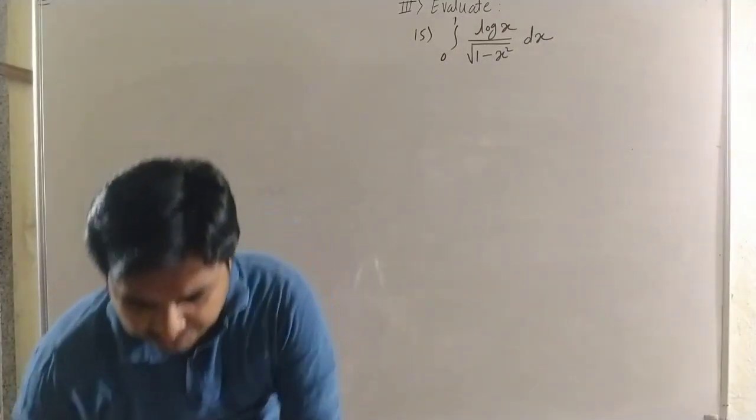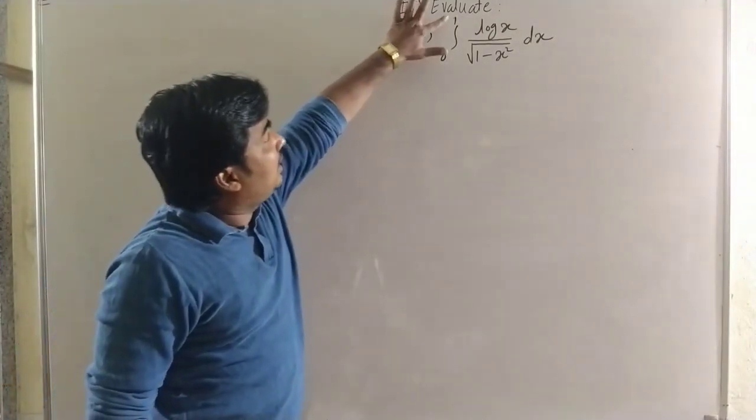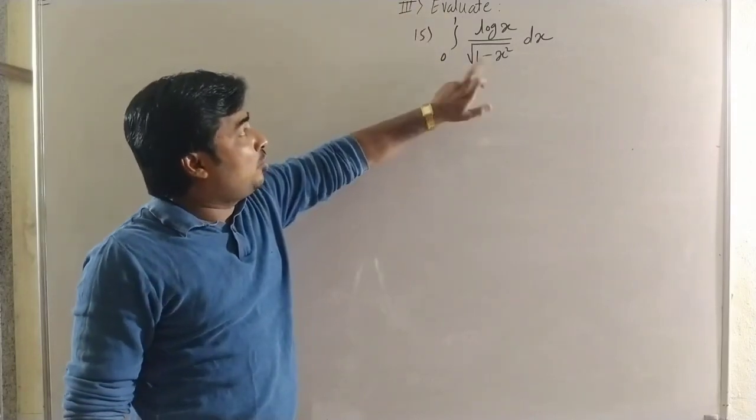Again, this integral we cannot solve directly. Here we use the substitution, and it is under root 1 minus x square.